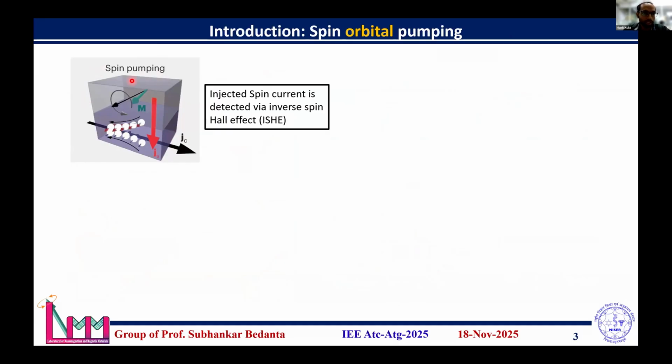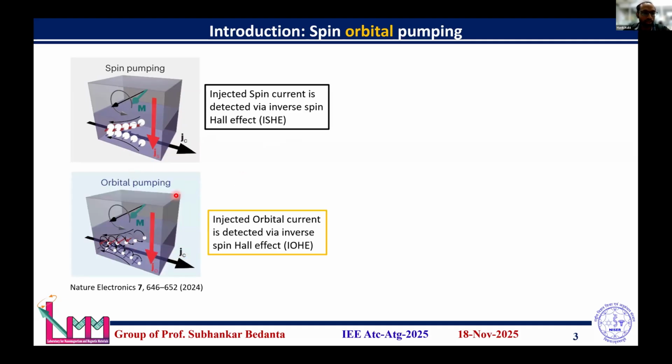When ferromagnetic resonance is used in a magnetization system, the precession of magnetization can pump the spin current into a heavy metal like platinum, which can be converted to charge current due to the inverse spin Hall effect, and can be detected experimentally.